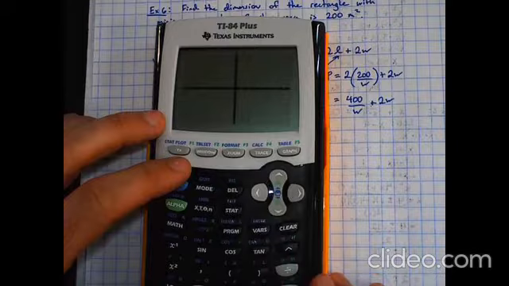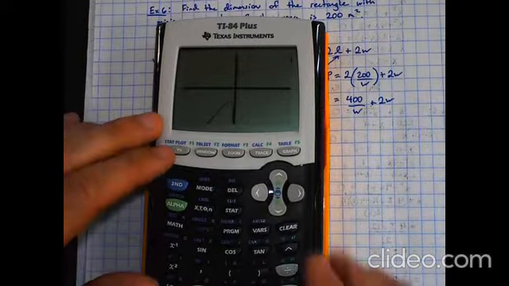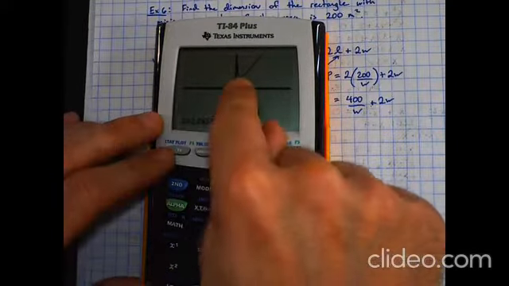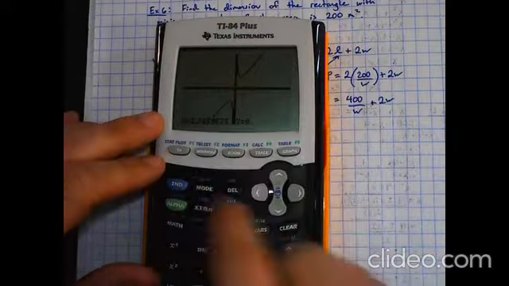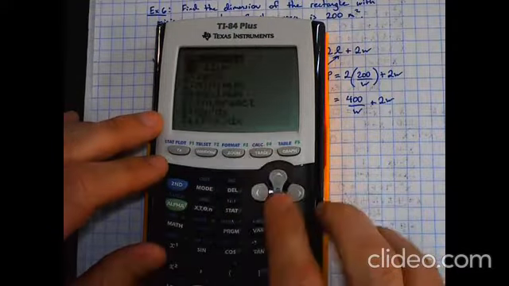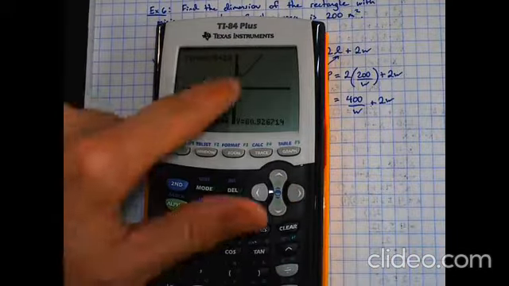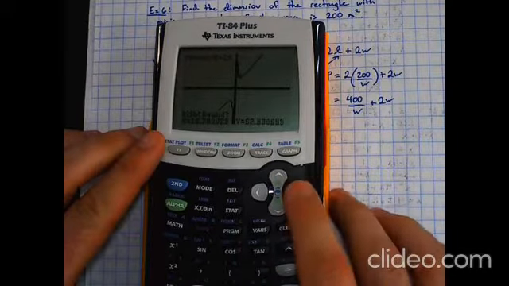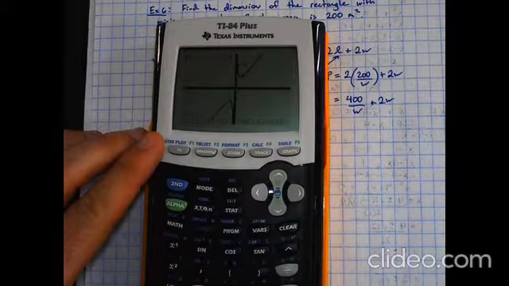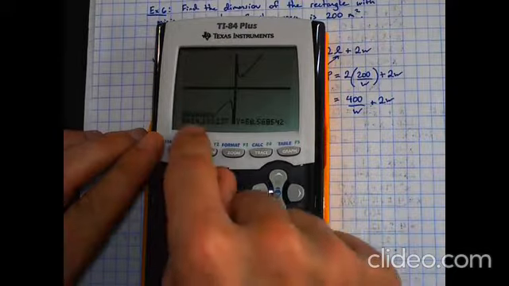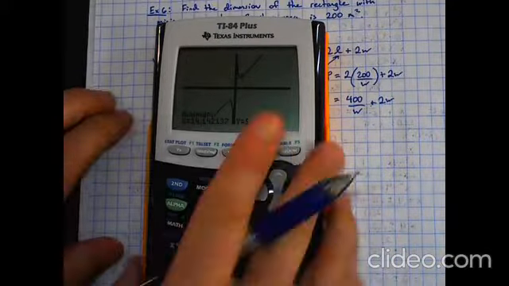Still can't see it. There it is. So we want to know where its minimum is. So we got to find that point. So we want to second trace minimum and go to about that point. Left bound, right bound, and guess. So our W equals 14.14.